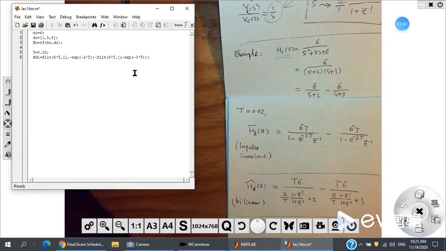Okay, am I good? Numerator, denominator. Oh, here I need a square bracket, and here I still need a square bracket. Okay, I think this works. Did this work? Let me try.